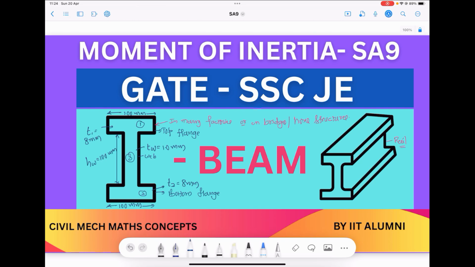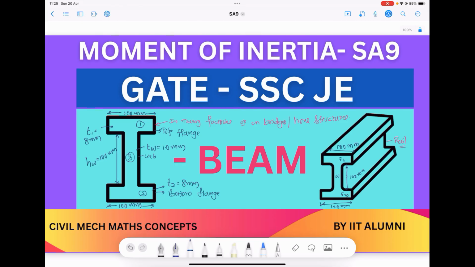Here also you can define whatever values you like. Just see, it is the isometric view of the I-beam that I have shown on the right hand side. If you see it here, you will get a better idea. This is the web. This is 100 mm. This is the top flange. This is the bottom flange. This is 100 mm. In the isometric view, you will have a better idea.